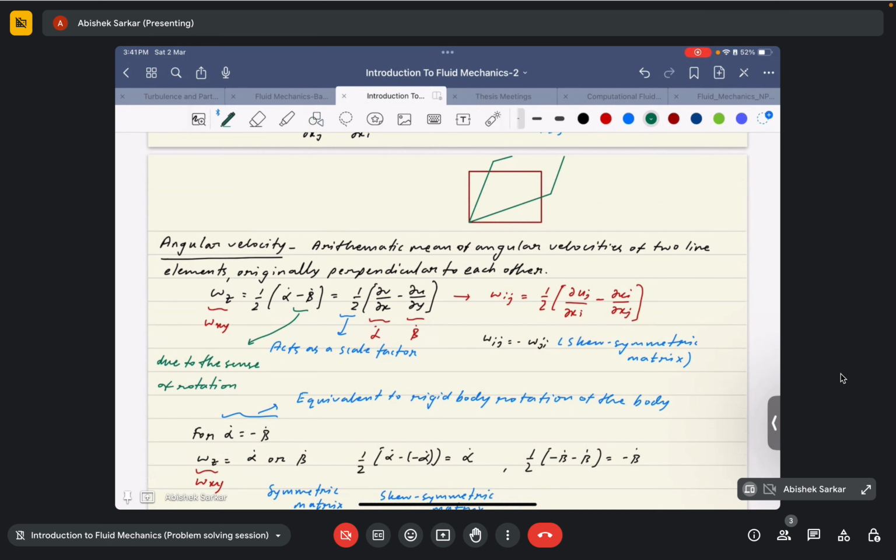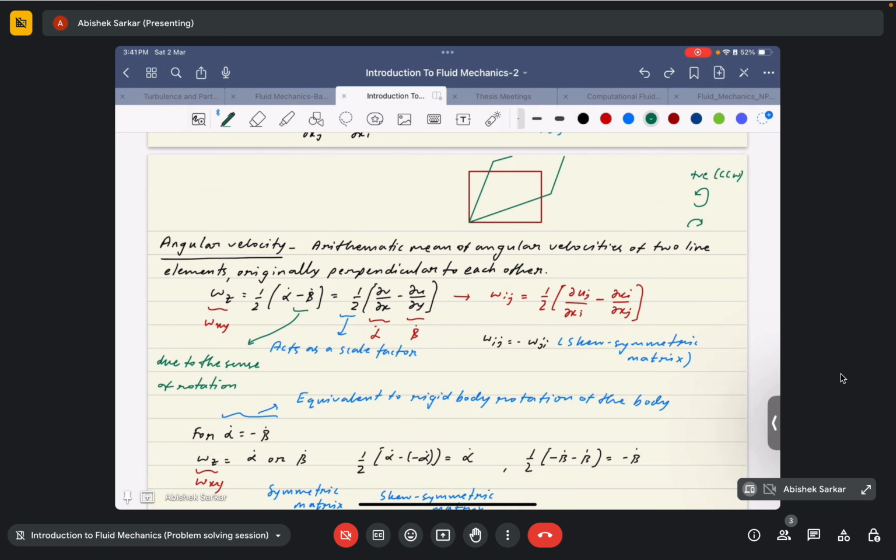Okay, and then again, there is a concept of sign convention. Say I consider the rotation along the counterclockwise direction as positive, and rotation along the clockwise direction as negative.